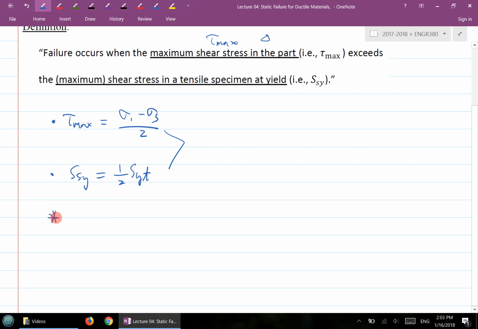If you recall, in most cases in our class we look at a plane state of stress, but we do put this plane state of stress in 3D perspective. When you have a 2D state of stress, here is your general state of stress represented by sigma x, sigma y, and tau xy.